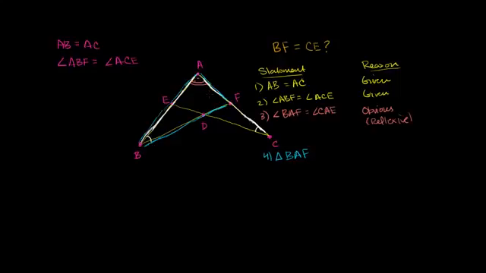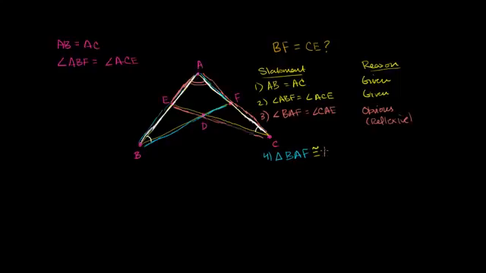So triangle BAF we now know is going to be congruent to triangle, we start at the white angle, go to the orange angle, and then go to the unlabeled angle. It's going to be congruent to triangle CAE. So this is kind of a messily drawn version, but I think you get the idea. These two triangles are going to be congruent.